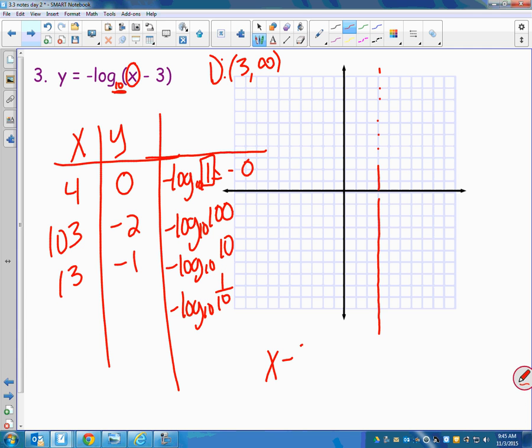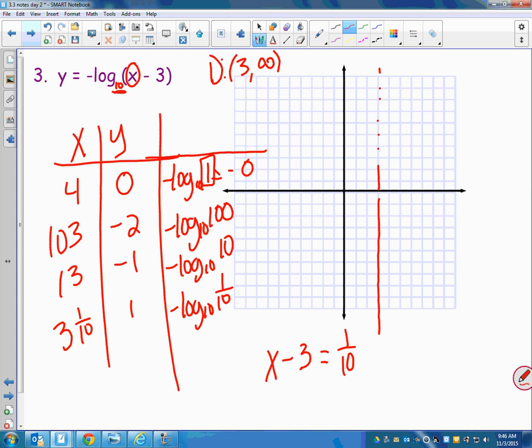I want x minus 3, right, to equal 1/10. So what does x have to be? 3 and 1/10, right? And when you plug that in, this is -1, but negative of a -1 gives you a +1.